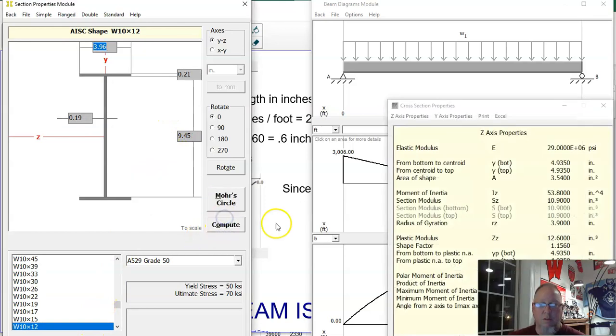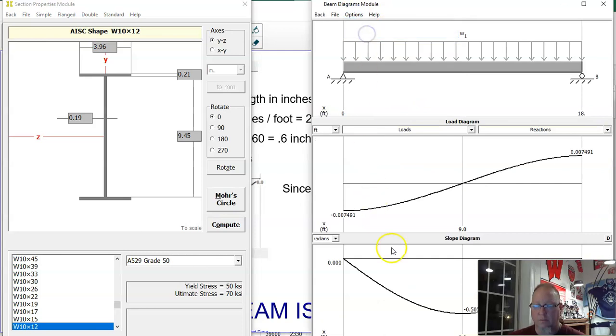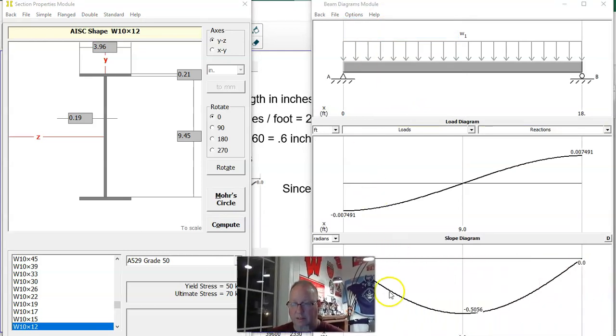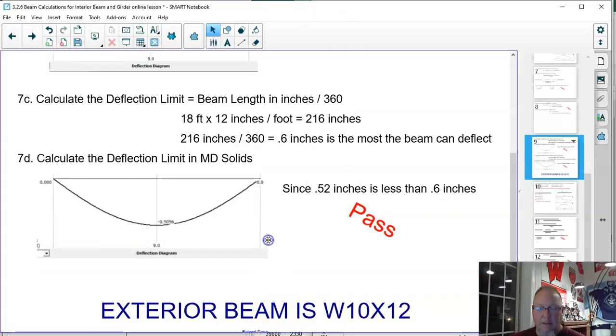Hit Compute, Options, Deflection. And this time it says that it's going to deflect by 0.50. So if I go back to my presentation, there that number is right there.